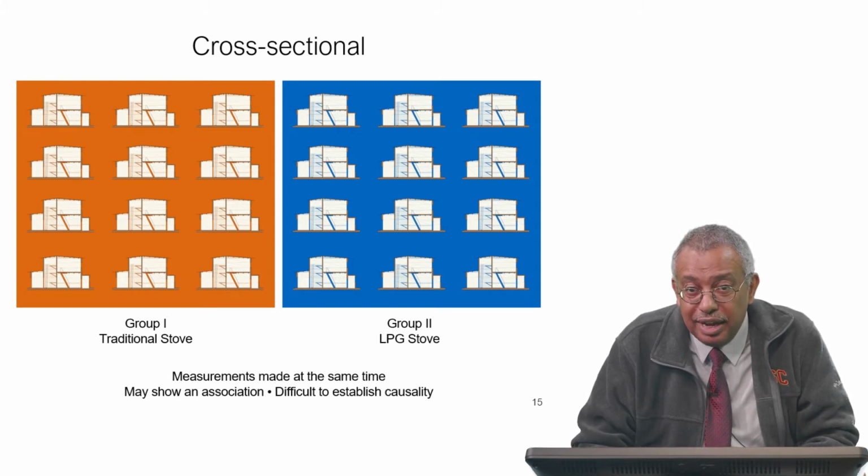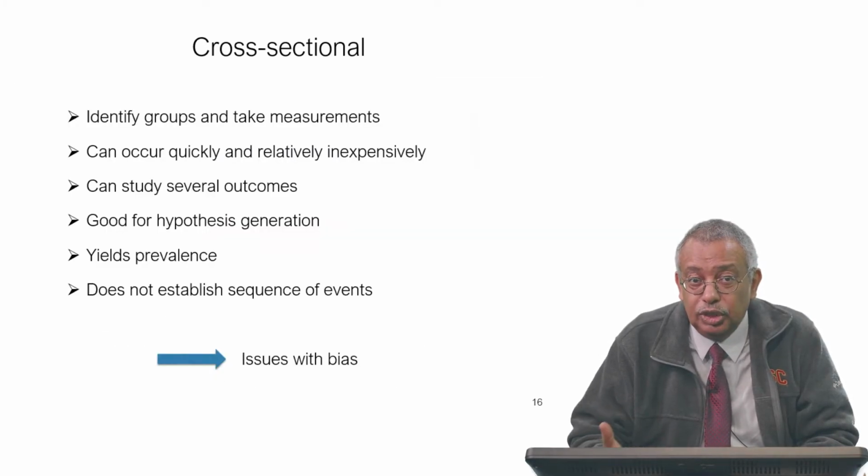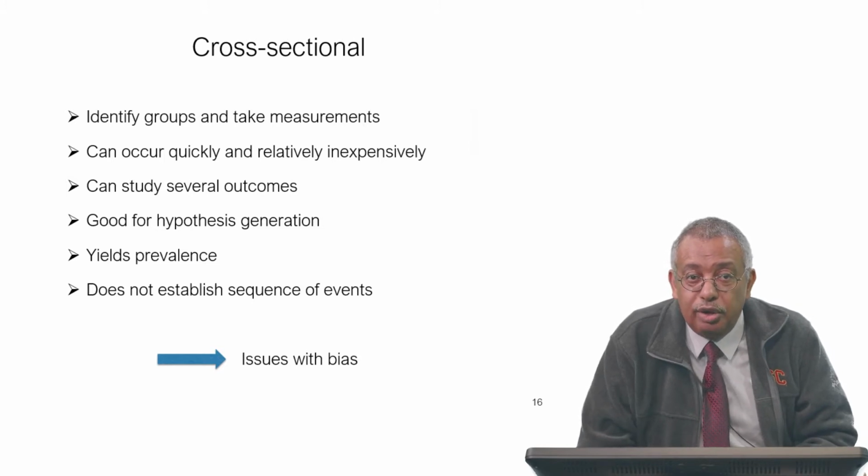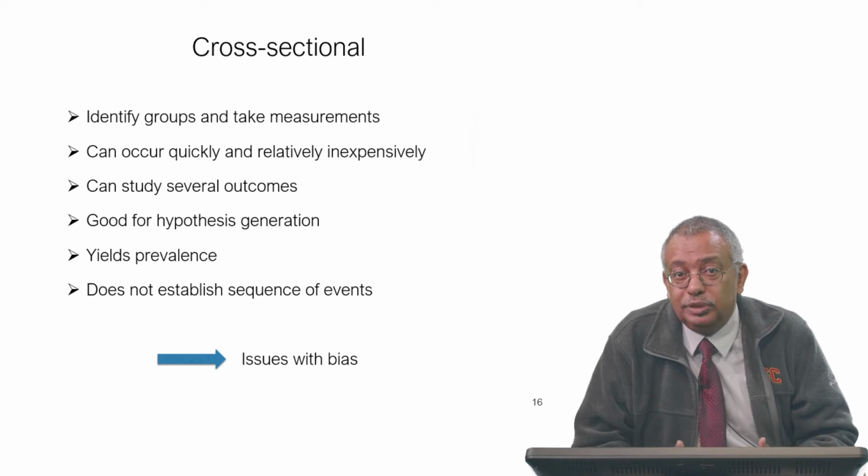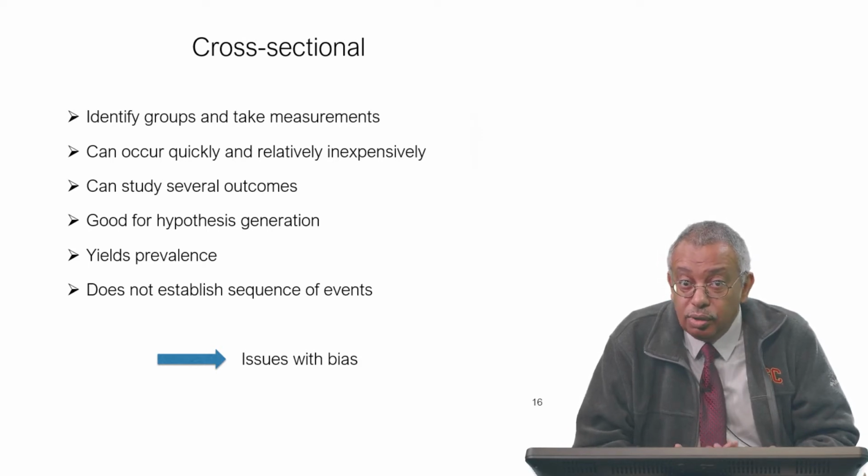So there are some practical advantages, but there are also issues that we need to be aware of. For instance, in cross-sectional studies, of course, you identify groups and take measurements. It can occur quickly and relatively inexpensively, and therefore that's the practical value. You can study several outcomes. It's very good for hypothesis generation.